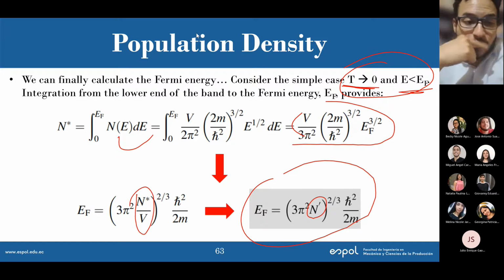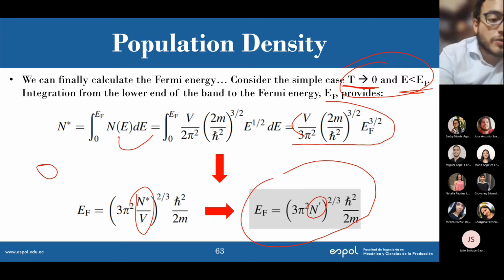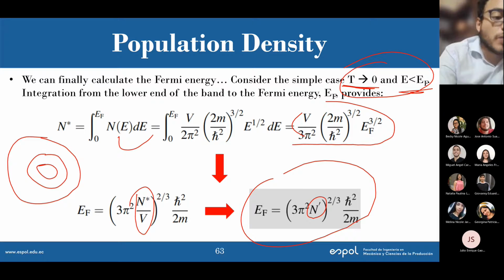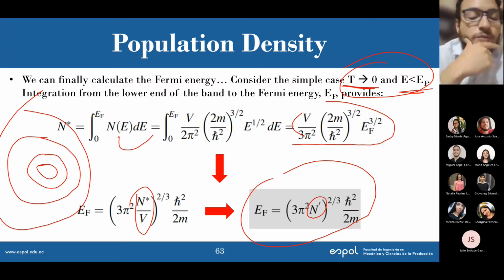And that's actually the thing. Let's say this is the nucleus, right? And you have the first orbital, the second one, and let's just draw 3 orbitals, right?